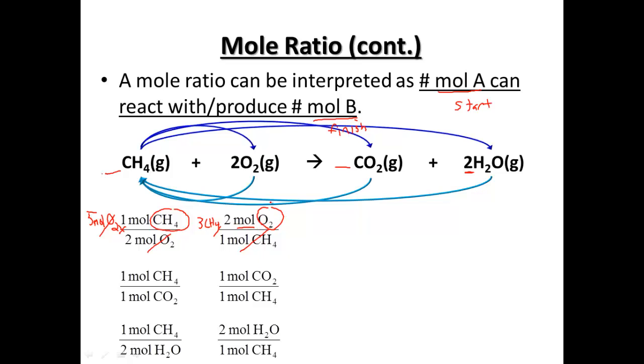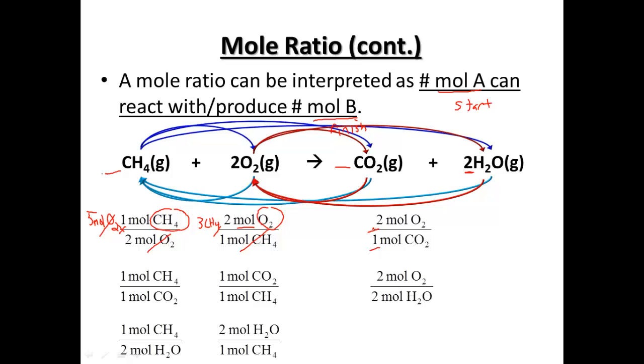So for our last conversions, we could start out with the O2. 2 moles of O2 to 1 mole of CO2 would be a mole-to-mole conversion. 2 moles of water to 2 moles of oxygen would be a conversion. And moving back the other way, just the opposite, flipping those two over.